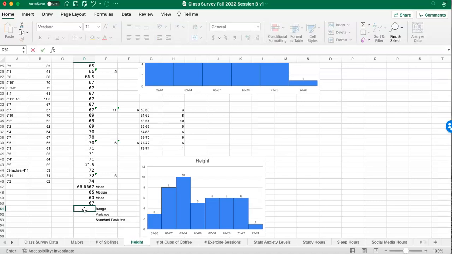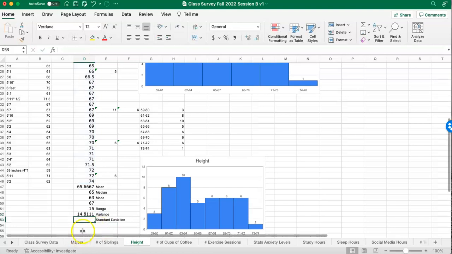Range. We're going to say equal, D46 minus D2. And the range is 15. Equal variance, VAR.P, right? And this is going to be D2 colon D46. Close the parentheses. And the variance is 14.8.